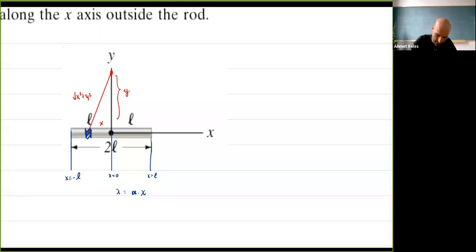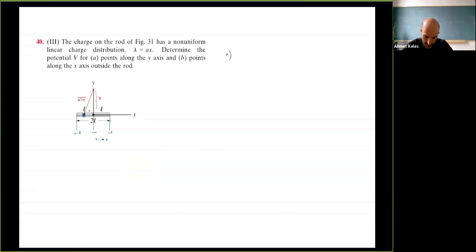Right, put this in. V is equal to the integral over all little elements dx, now it's x, and I think it's going from minus L to L. And charge is A times x with the appropriate units for A, and this should be divided by the distance, which is the square root of x squared plus y squared.